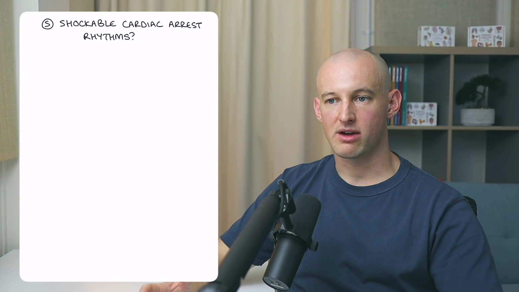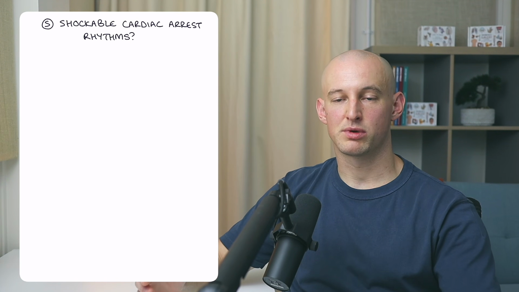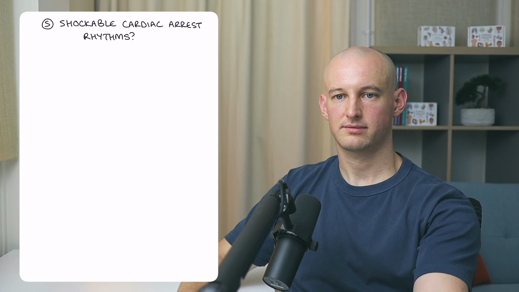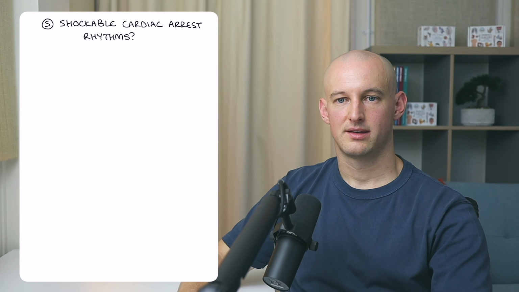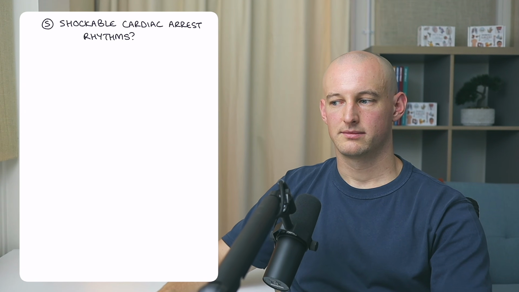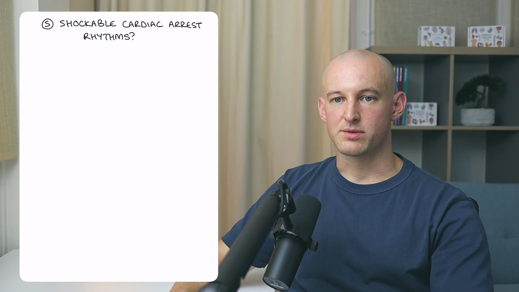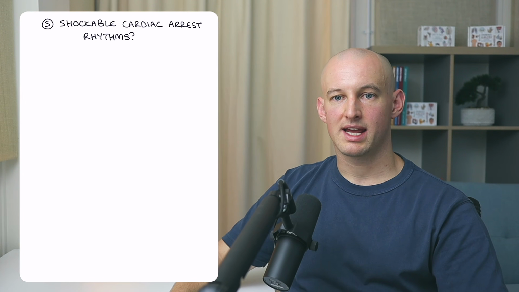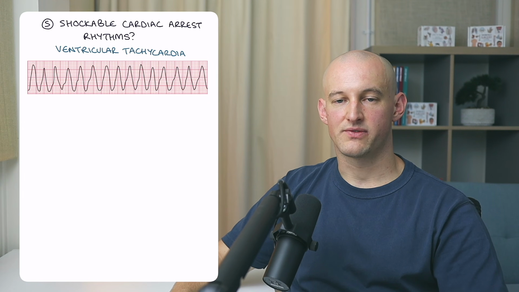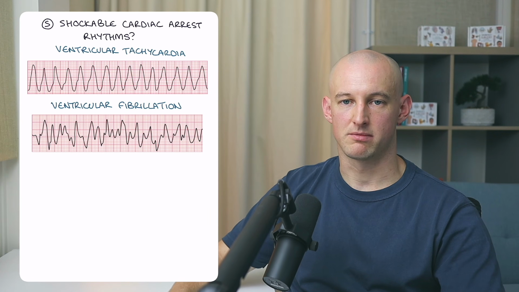So if someone's in cardiac arrest, you check their heart trace, what rhythms would be shockable and where you'd give a defibrillator shock? This is worth remembering. So one is ventricular tachycardia and the other is ventricular fibrillation. These two rhythms are shockable rhythms.